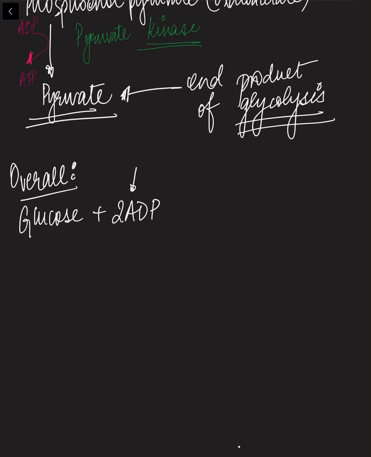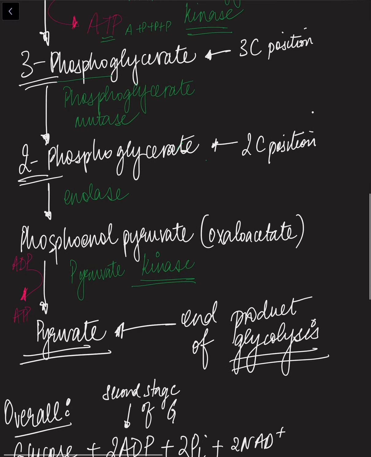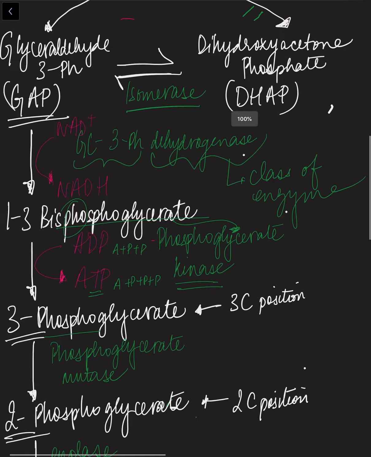These 2 ADP molecules were used in the second stage of the pathway, plus 2 pyrophosphate and 2 NAD plus, which gives 2 pyruvate plus 2 ATP plus 2 NADH. So this is the overall glycolytic pathway.